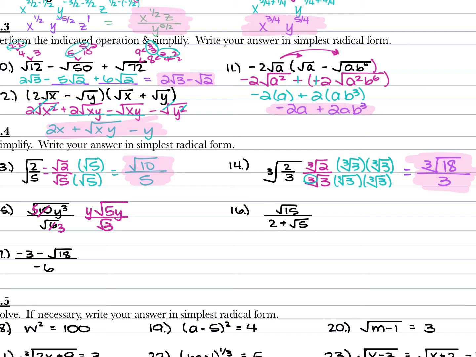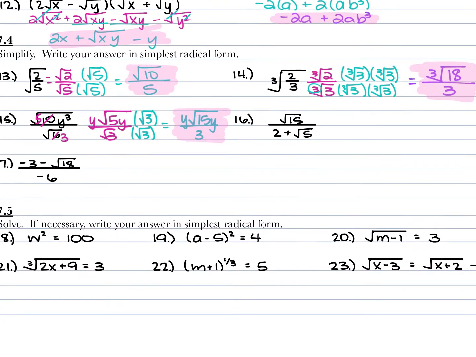So now, since this is in simplest form, you can multiply the top and the bottom by the square root of 3 in order to rationalize that. And it's just going to leave you with y square root 15y all over 3. You can't simplify anything else, so that's your answer.